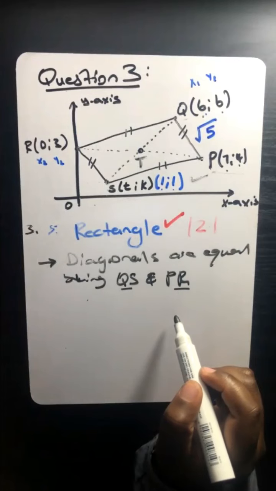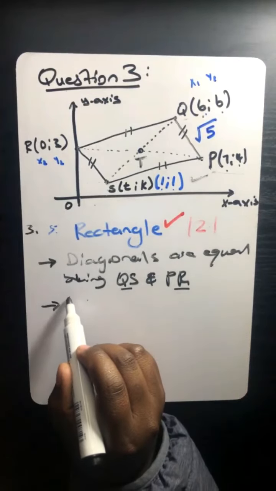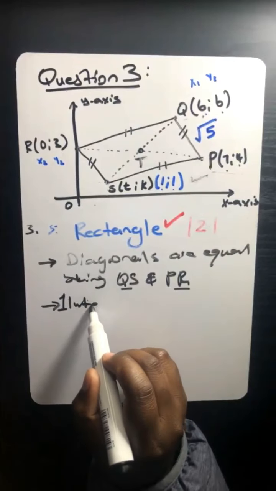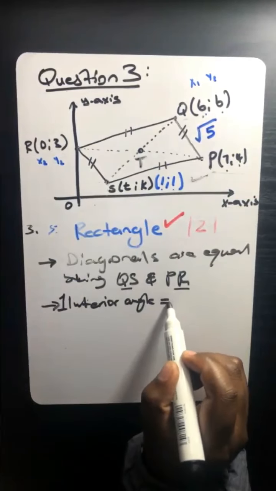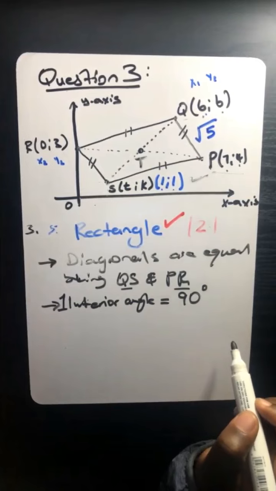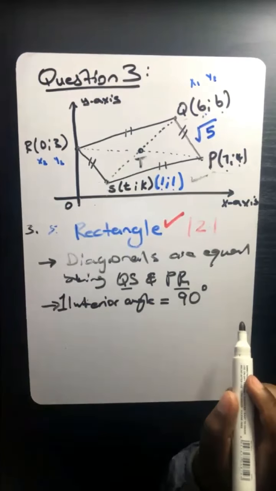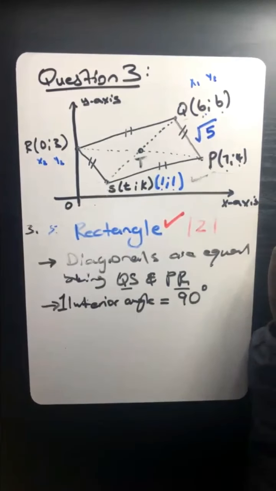And most importantly, we know that one interior angle is equal to 90 degrees. But here comes a question, guys. How did we know that one interior angle is 90 degrees?